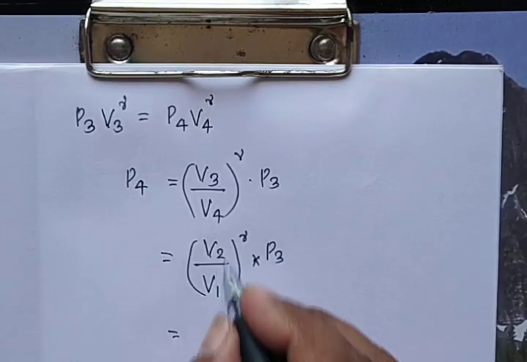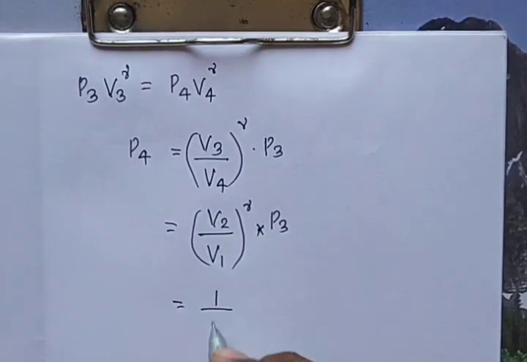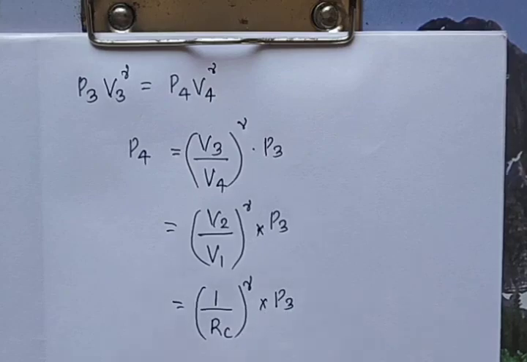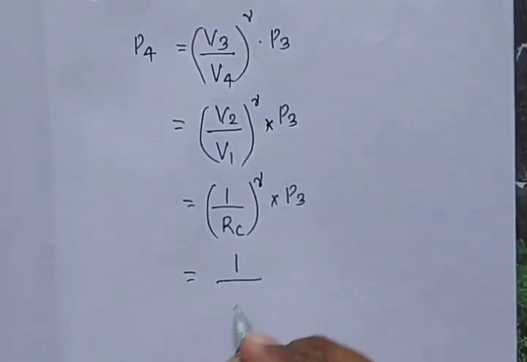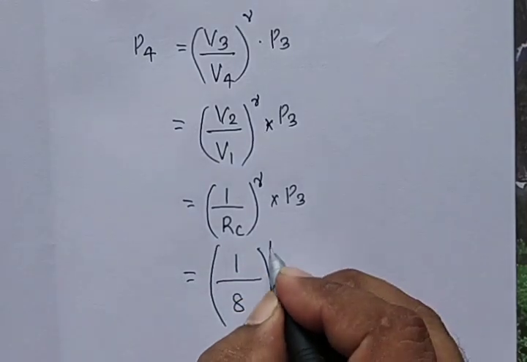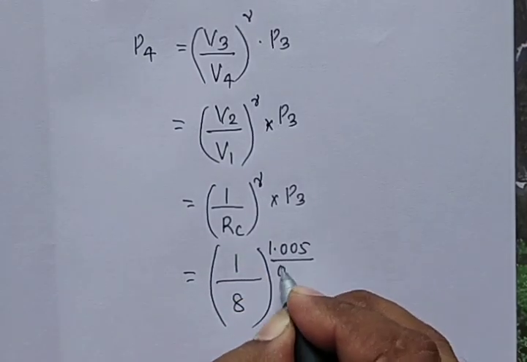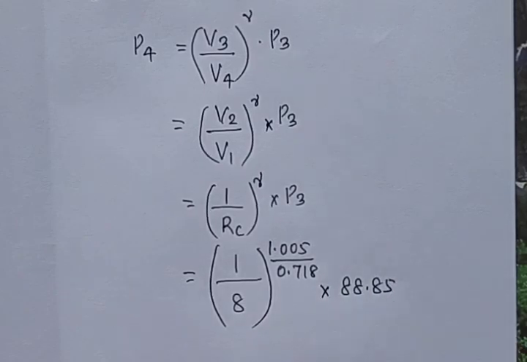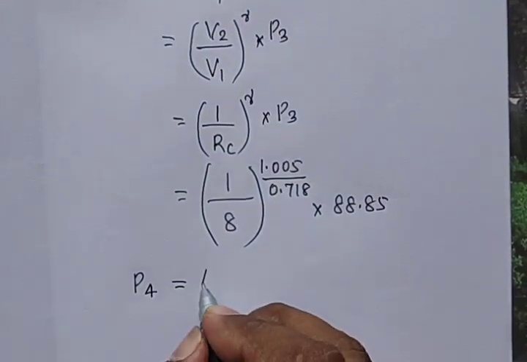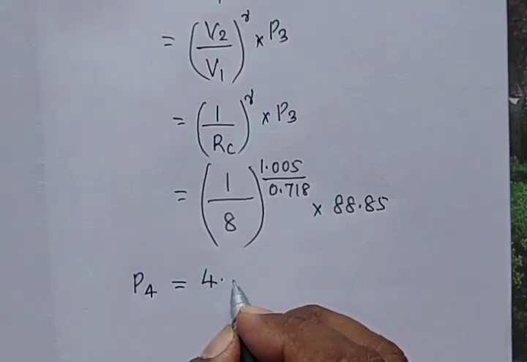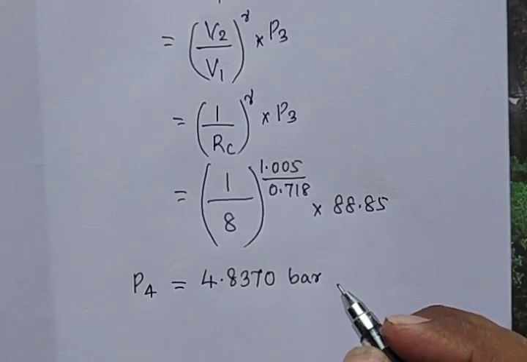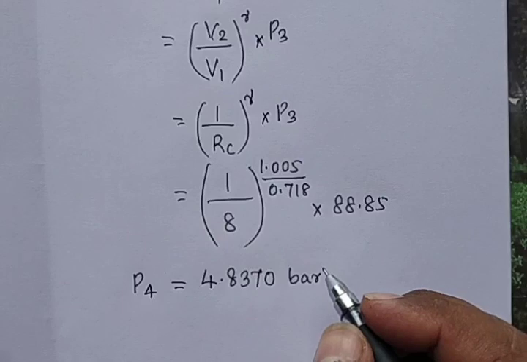And V2 by V1 is 1 by Rc whole raised to gamma into P3. That is 1 by 8 whole raised to 1.005 divided by 0.718 into P3, that is 88.85. So compute and find out P4. You get it as 4.8370 bar.